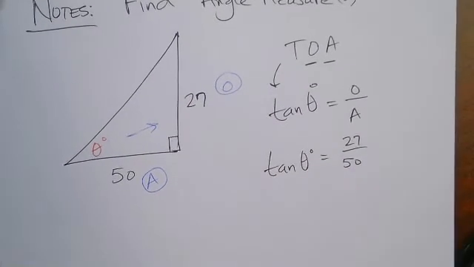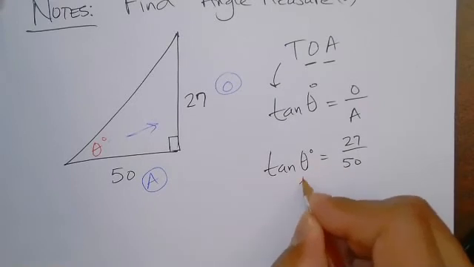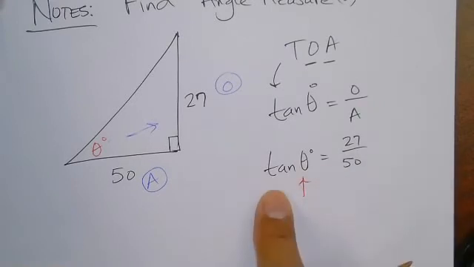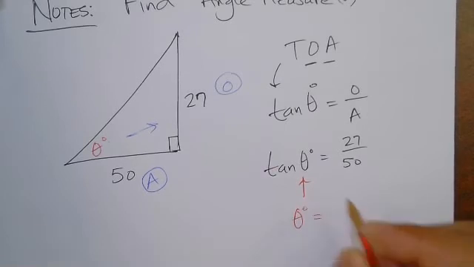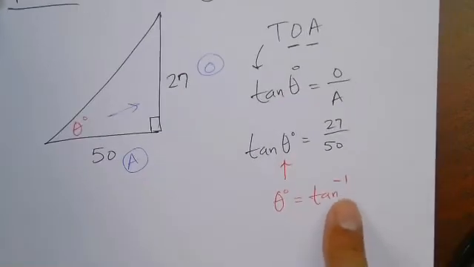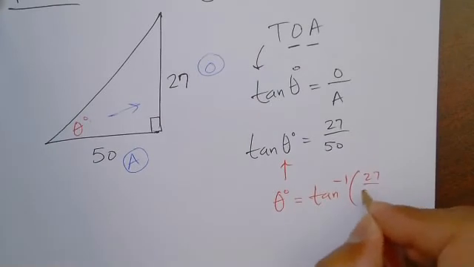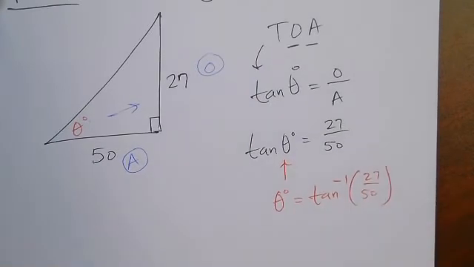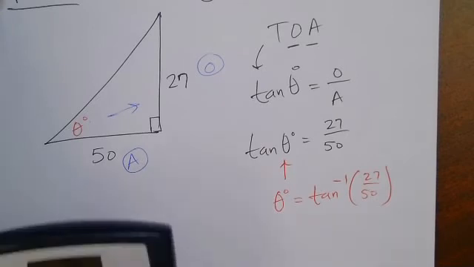And remember, if it's the angle that you're trying to find, then technically you're taking the inverse of both sides, but it just ends up being like this. If this is tangent, then to find angle measures, you use the inverse, right? 27 over 50. So let's put that in the calculator.